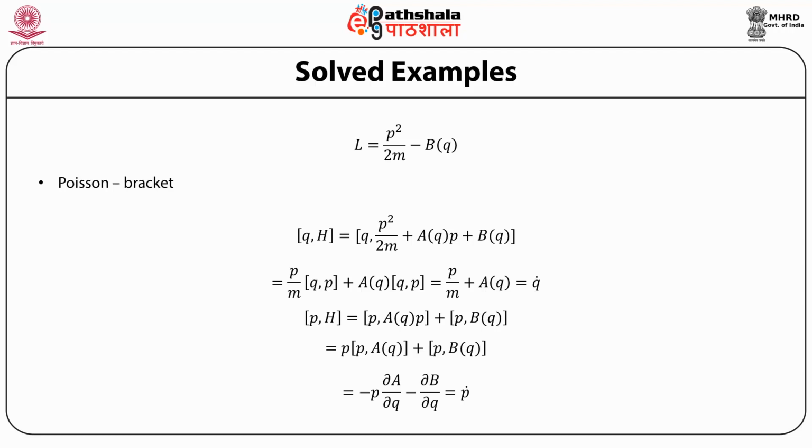Now, the Poisson bracket of q with p is unity, therefore this is simply p by m plus a(q), which is equal to q dot from the equation. Therefore, we can calculate the Poisson bracket of p with H also, which is p dot. So we simply have the relations that the Poisson bracket of q with H is q dot, and the Poisson bracket of p with H is p dot.